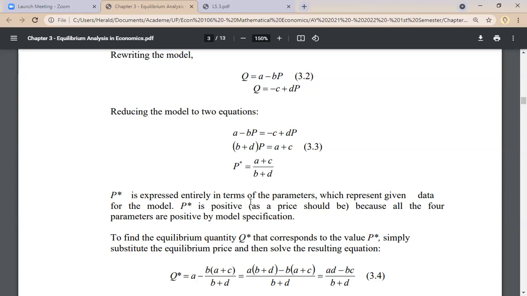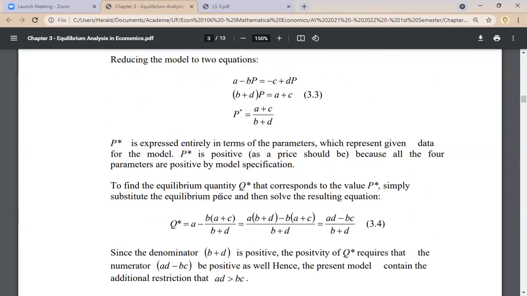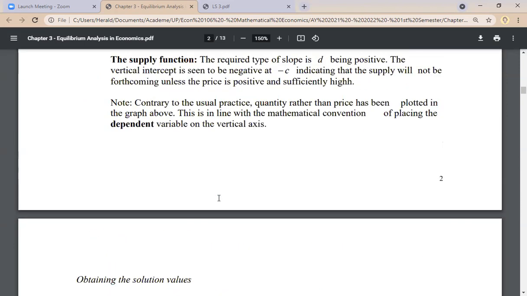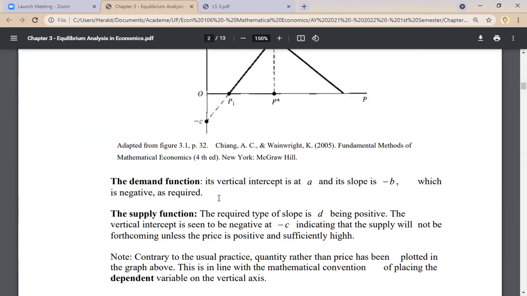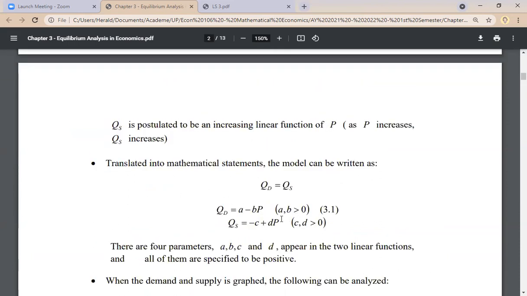There are also cases, class, that although I would not be using here in my text, it is somehow possible that the equilibrium quantity might not actually be positive. So to guide you on understanding, always go back to the restrictions being made in the model, or if not the restrictions, the assumptions of the model.